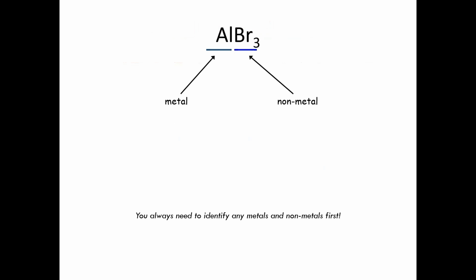It's composed of a metal and a nonmetal. But in fact, if you were to take the difference in electronegativity between these two elements, you'd find that the difference is actually less than 1.7, making this compound covalent. So instead of this compound being named aluminum bromide, its covalent name would be aluminum tribromide, and that is the only correct name for this compound. But more on that later.